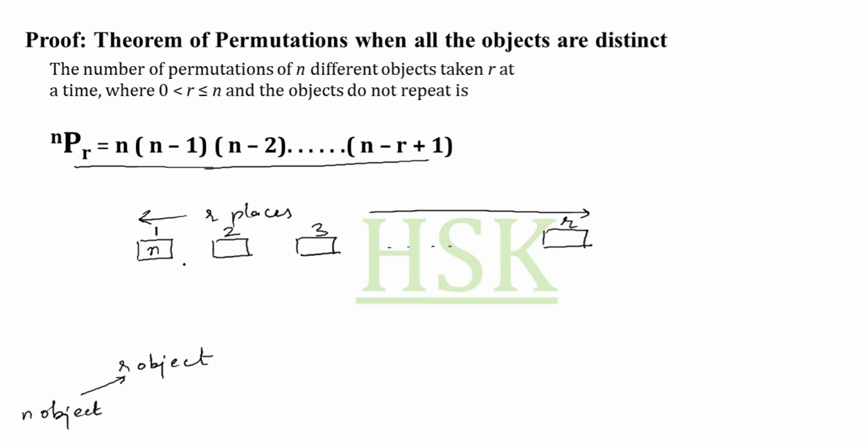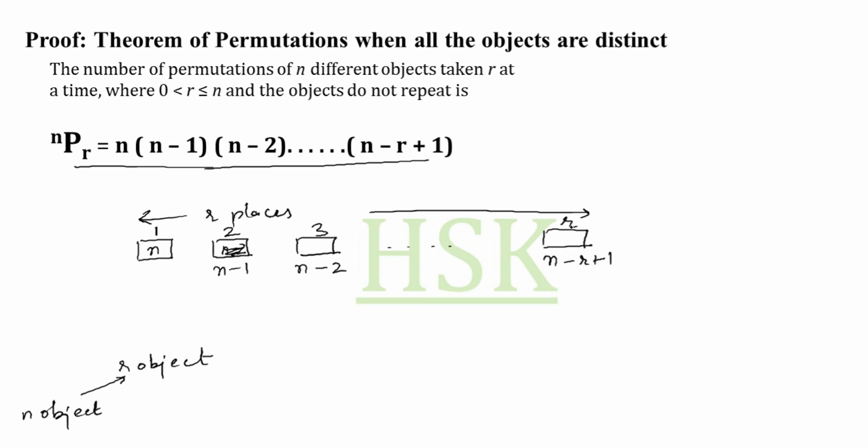For the second place, n minus 1 ways are there. After placing one object, we are left with how many objects? n minus 1 objects. For the third place, we have n minus 2. Therefore for the rth place, the total number of ways of arranging would be n minus r plus 1.